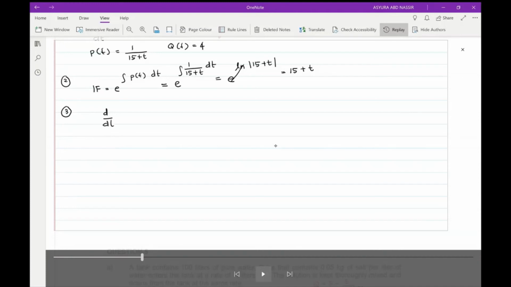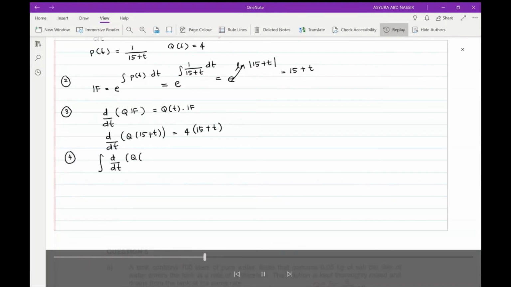Next step is to multiply both sides by the integrating factor. So we have d/dt of Q times the integrating factor, which is d/dt of Q times 15 plus t, equals 4 times 15 plus t. Next step is to integrate both sides. The integral of 4 times 15 plus t dt.